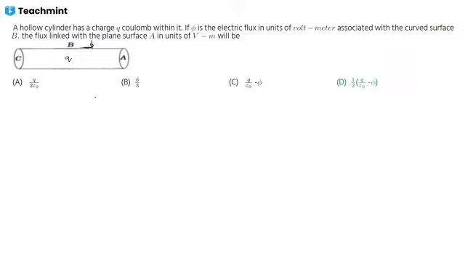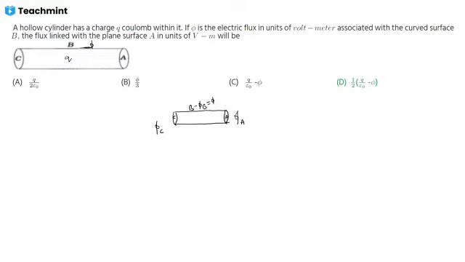So let us consider that this is a cylindrical portion. For this surface C, the flux is phi C, and for this surface B, phi B, but they have given that as phi in the question itself, and for surface A the flux is phi A.